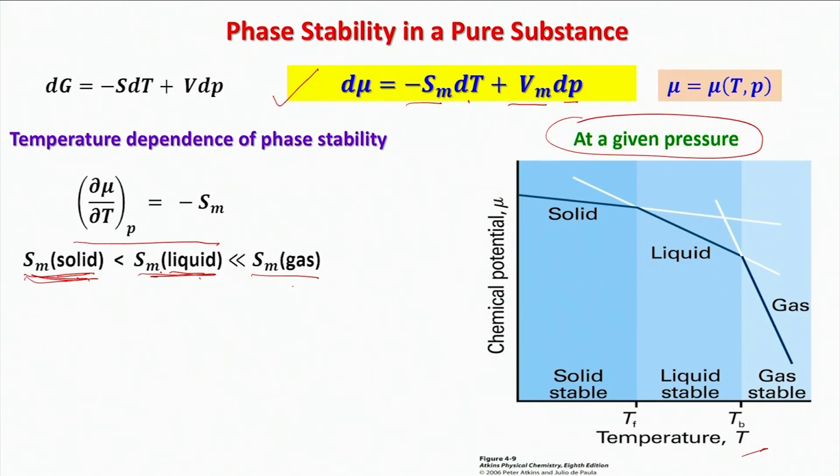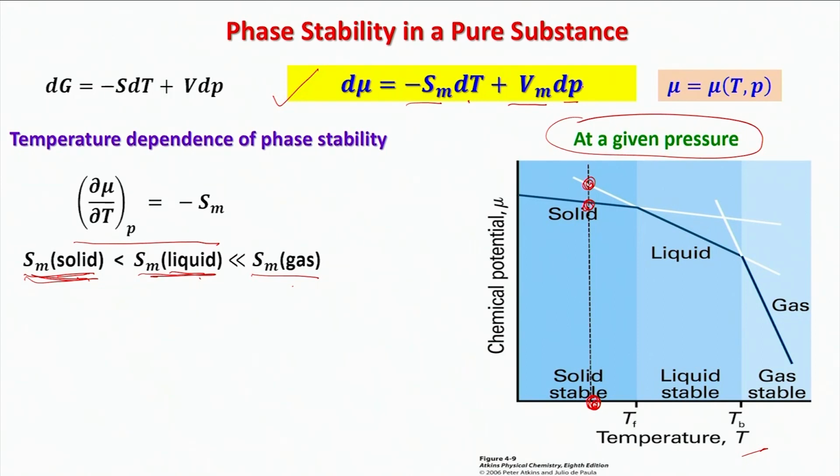Now let me think of a temperature as shown by this line. So I am looking at a temperature where, at this temperature, these are the values of mu solid, mu liquid, and mu gas is way up above there.